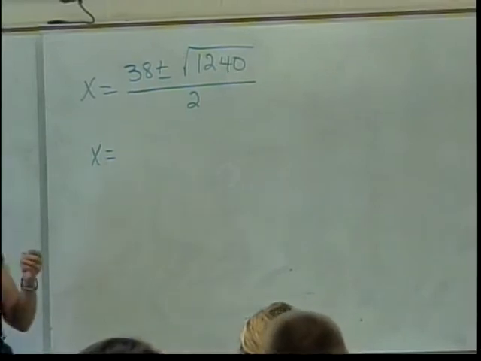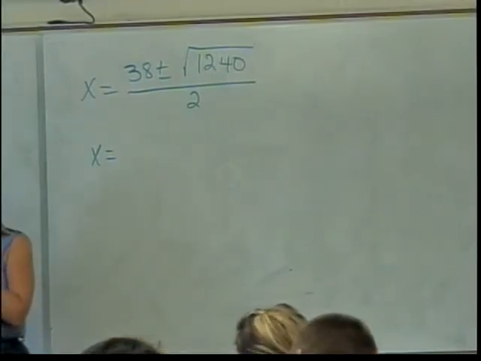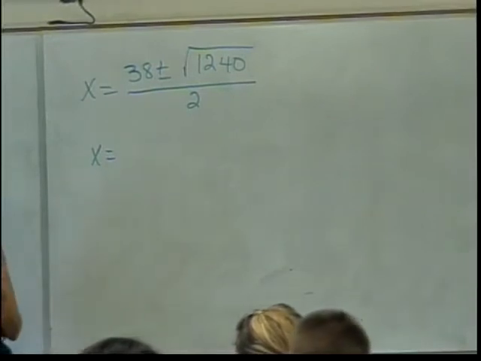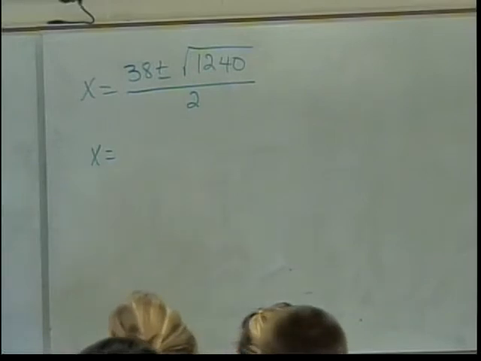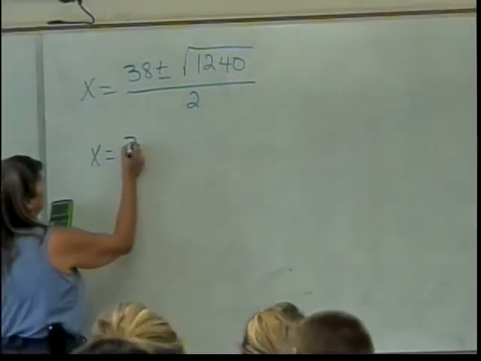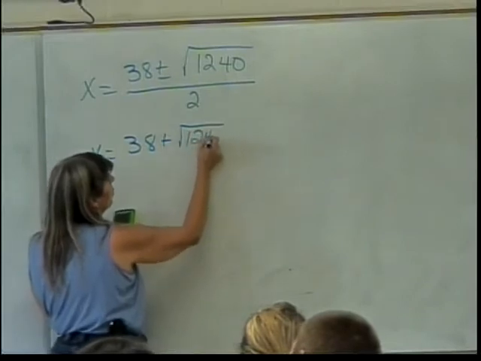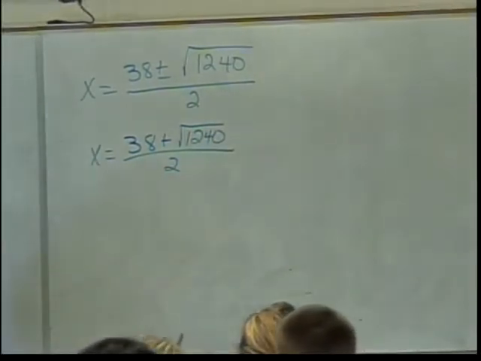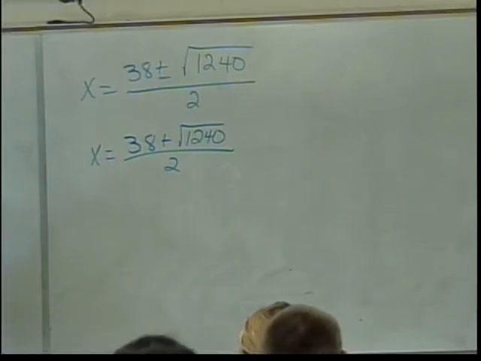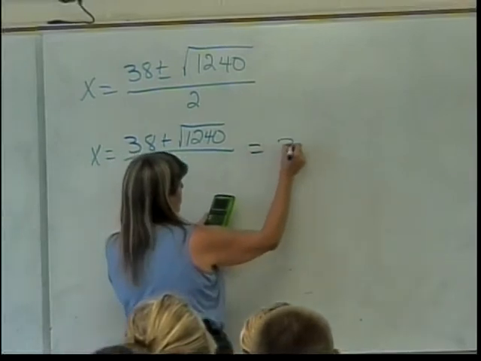By the way, the square root of 1,240, I got to be 35.2136337, and so on. That's not very nice, but I will do 38 plus the square root of 1,240 divided by 2, and that will give me 36.60.